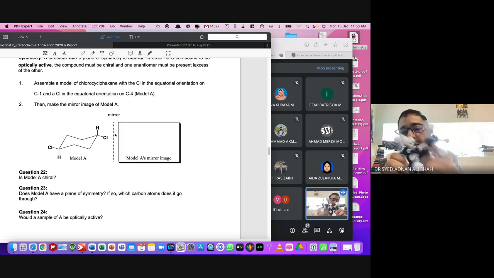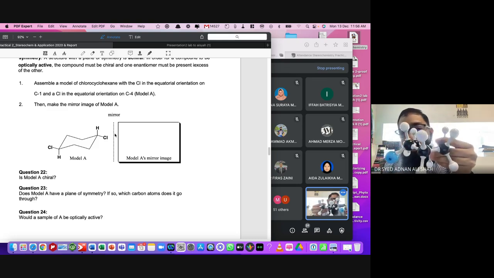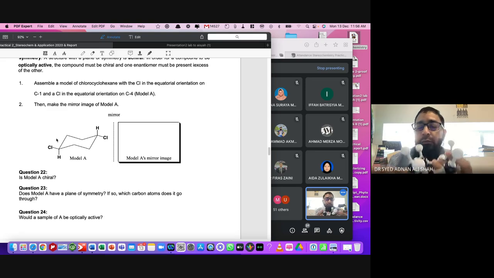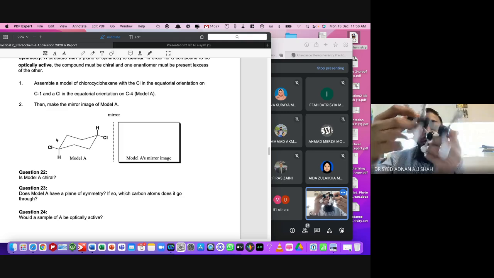I replaced the hydrogen with the chloride. That's how you can construct the model, right? And then the other chloride, this one. So like this. This is also in the equatorial position, right? This one is equatorial and this one is in an equatorial position, right?